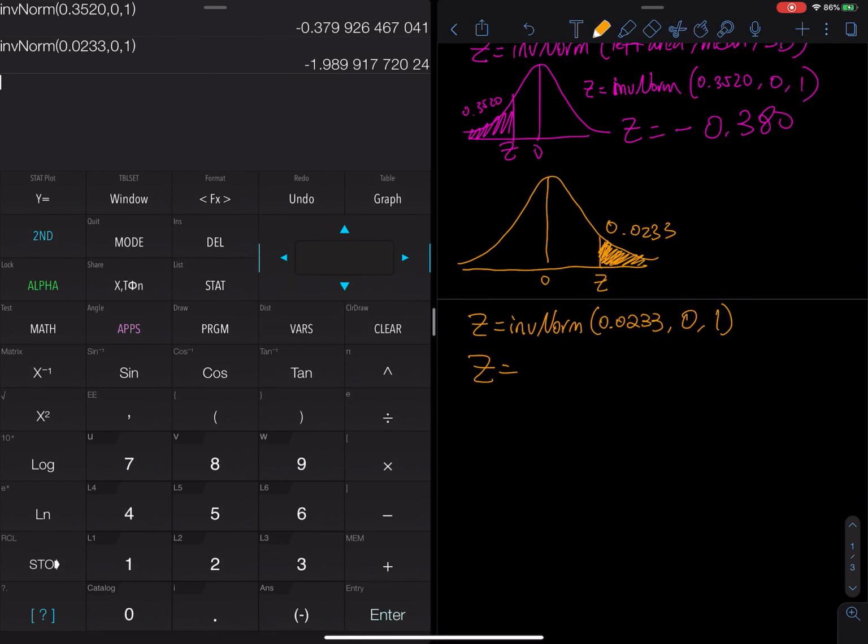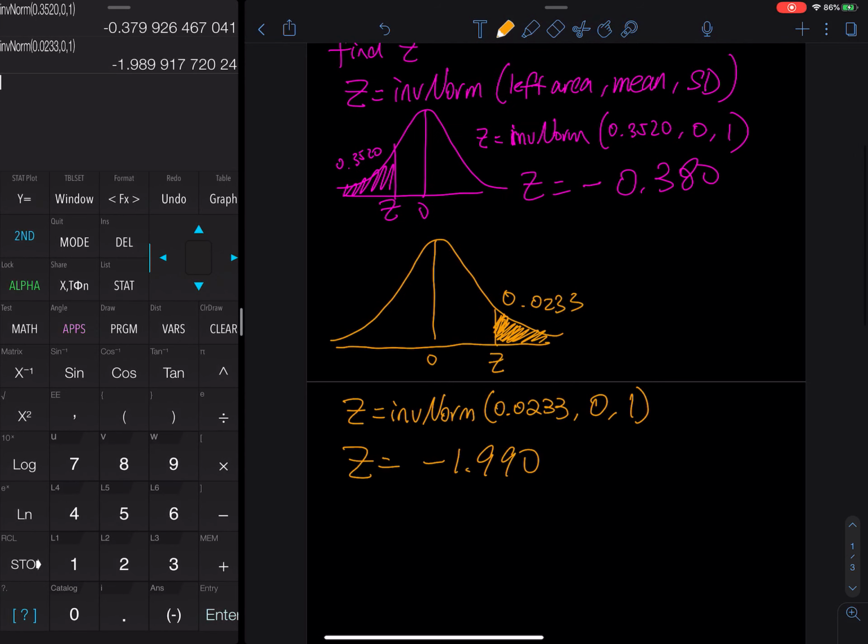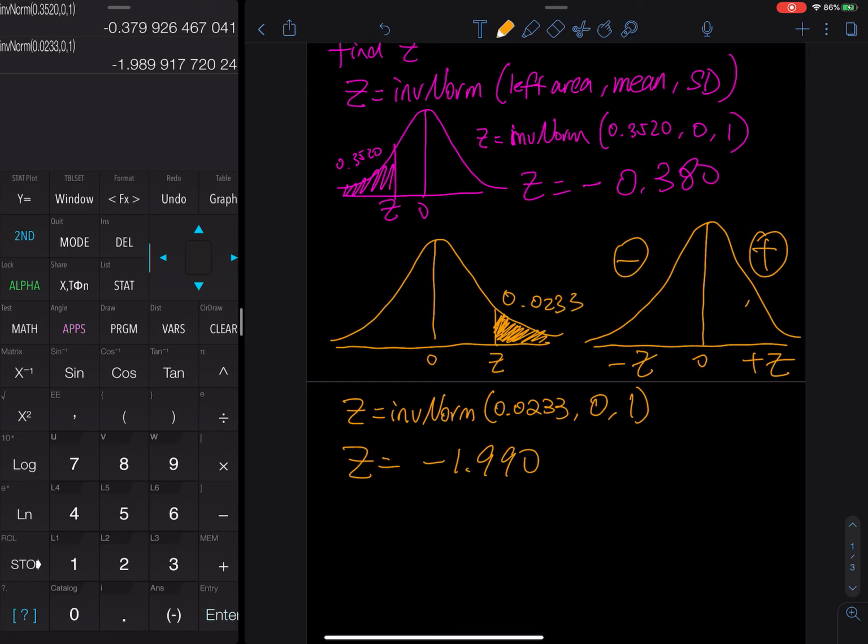You have a negative. Is this right? Negative 1.990. Of course, this is not the answer yet because this Z is on the right-hand side of 0. We remember how the number line works: you have 0 right in the middle. What kind of number is greater than 0? Positive. What kind of number is less than 0? Negative. So that means you have positive Z on the right and negative Z on the left.